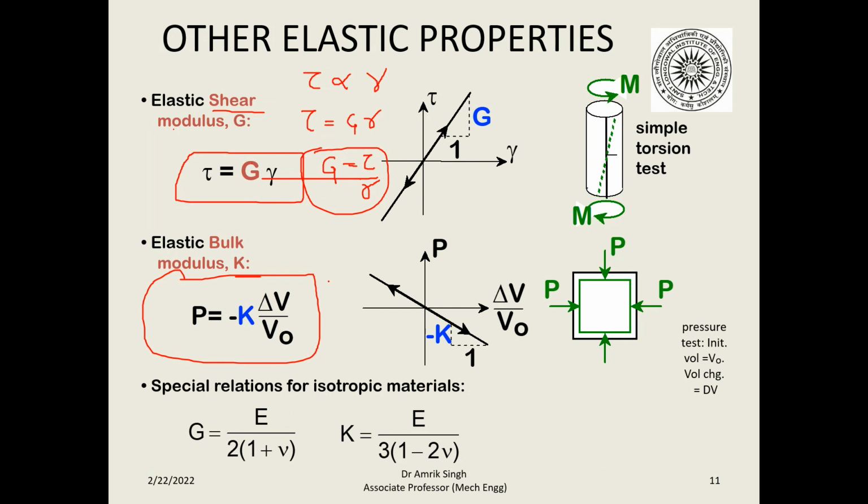This delta V is known as volumetric strain. We denote it with epsilon B. So it is equal to the change in volume divided by the original volume.